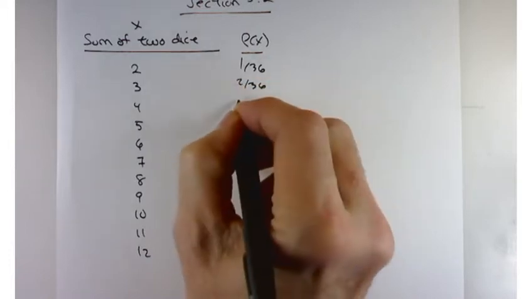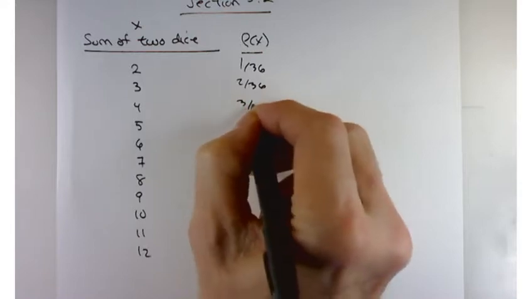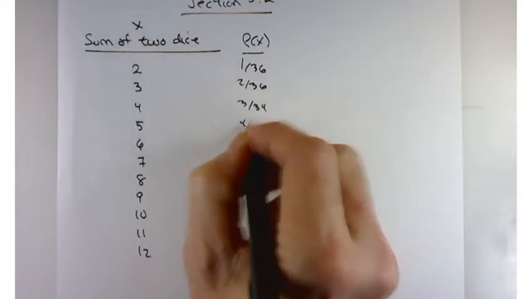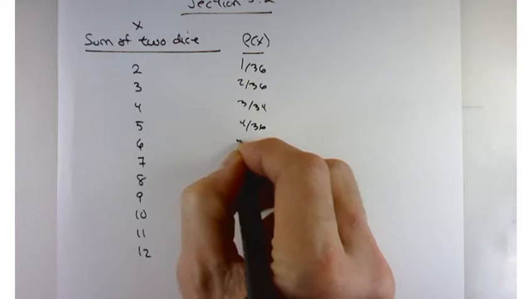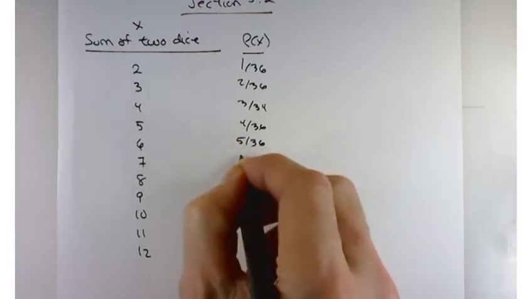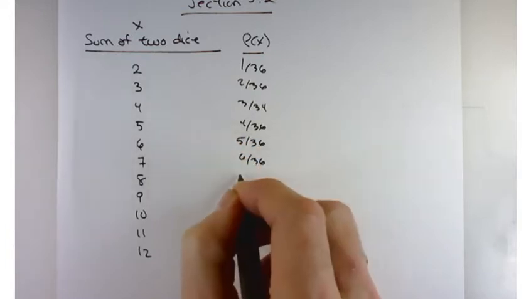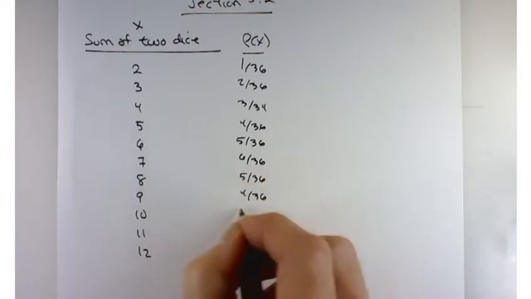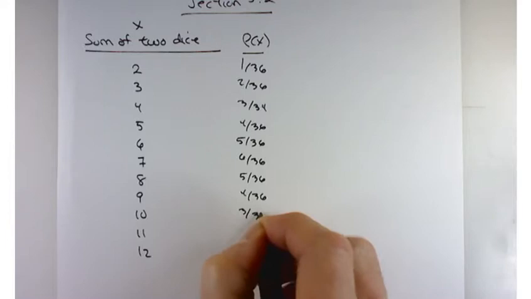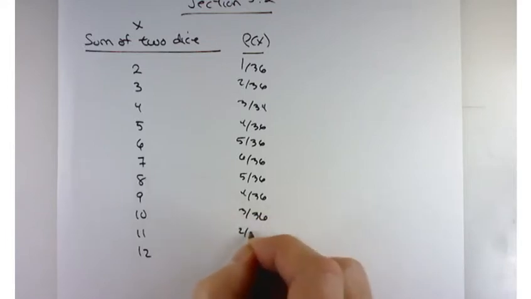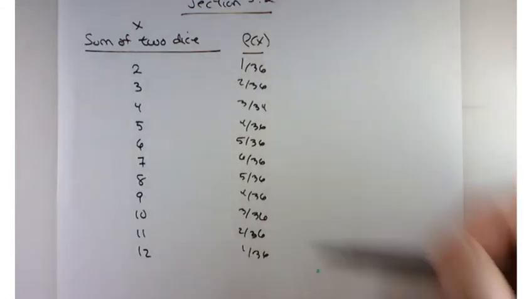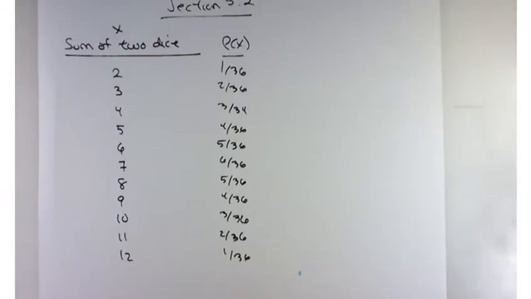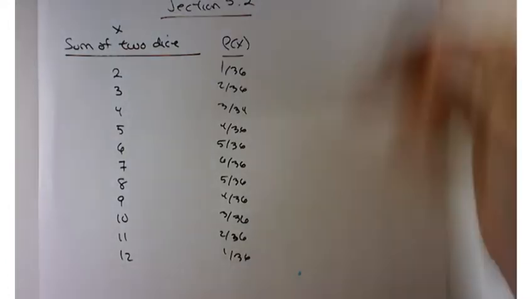Like I said, you might want to copy these down later, not now. 3 in 36, 4 in 36, 5 in 36, 6 in 36, and then back down, 5 in 36, 4 in 36, 3 in 36. I think you can get the pattern here. 2 in 36 and 1 in 36. So this is a probability distribution because it describes the probability of each event in this experiment.